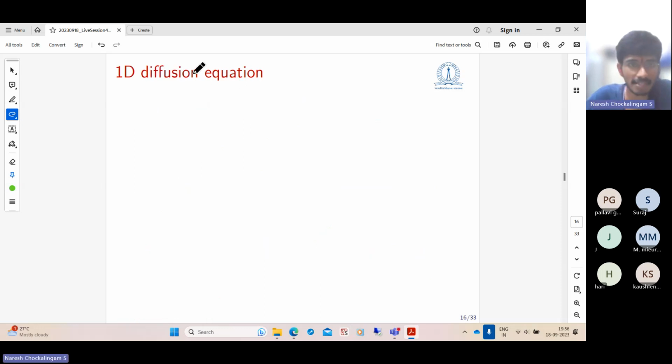For the diffusion equation, it's the same thing. The diffusion equation is this: dou u by dou t is equal to c square dou square u by dou x square. Same thing: u is a function of x and time, so u of x comma t, you can take as some f of x multiplied by g of t.